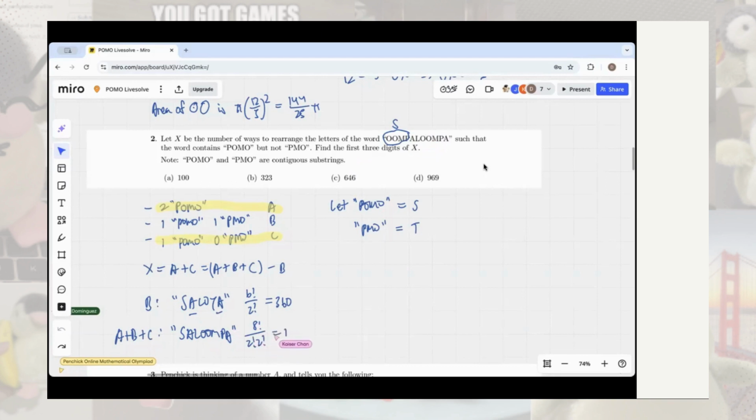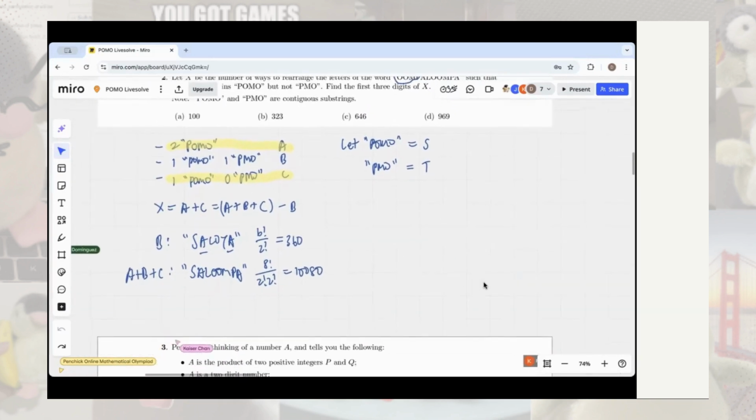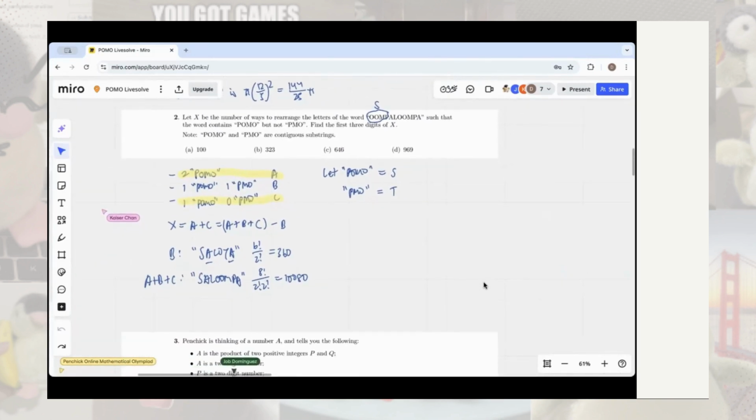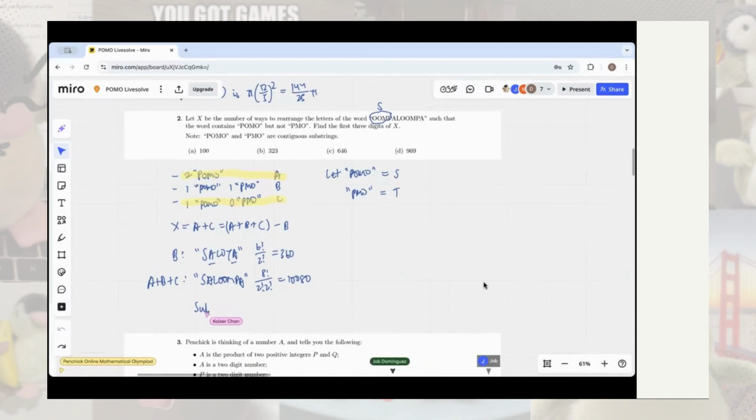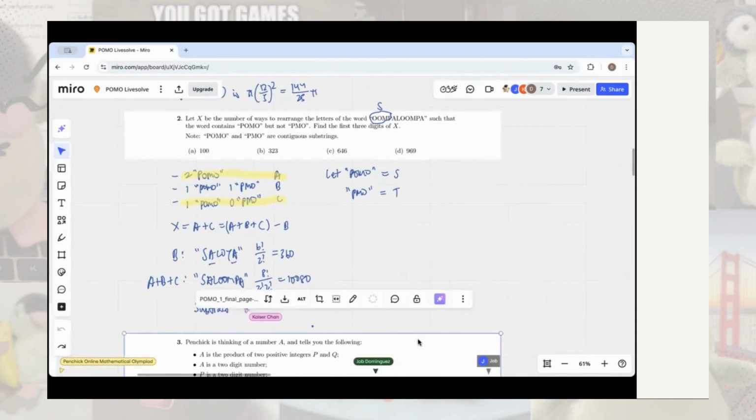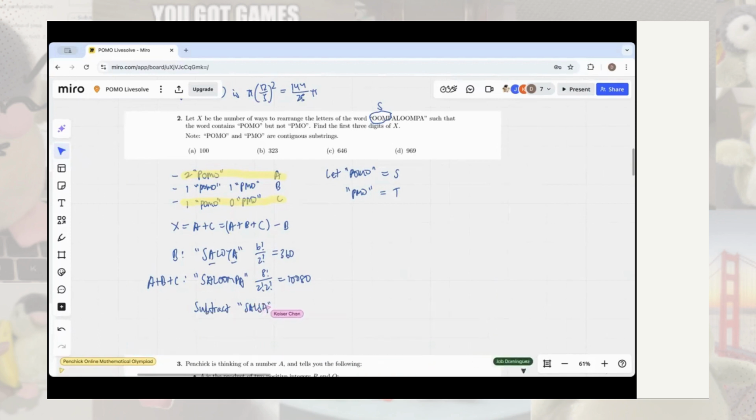This is 10080. However, we have double counted the words which contain two POMOs. So we do complementary counting again. We subtract this word, salsa. The reason for this is you just replace this one also with S. Alright?